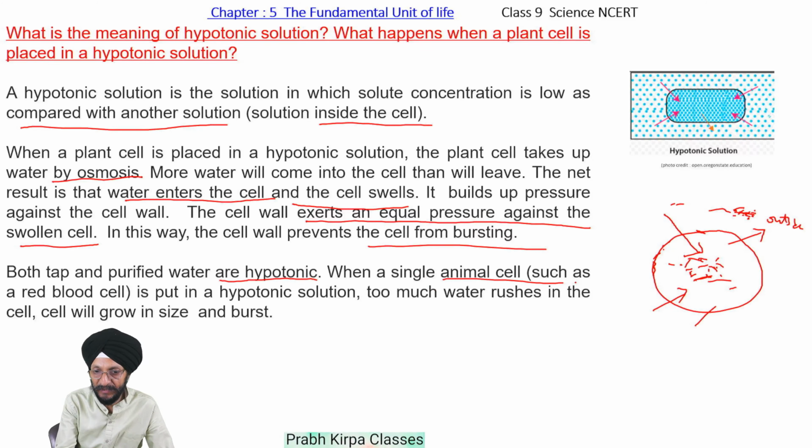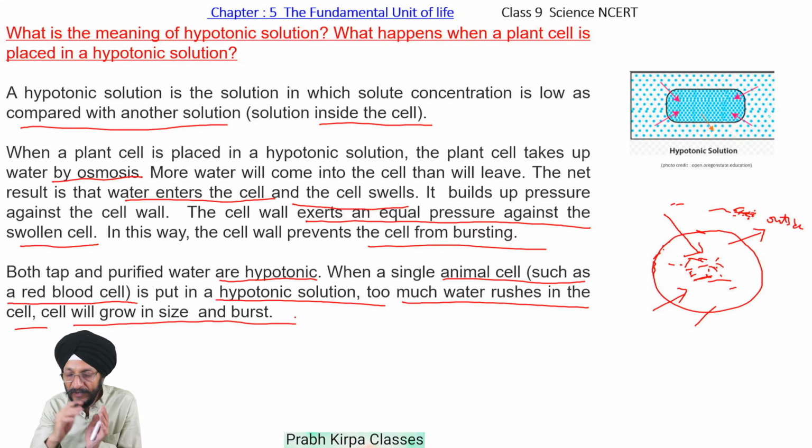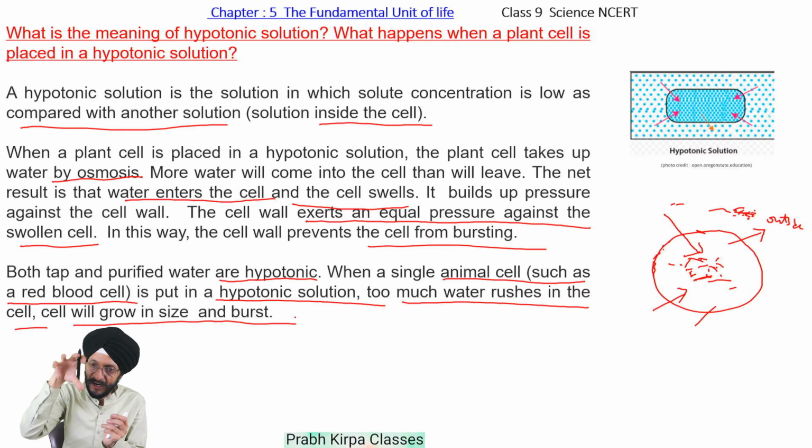When a single animal cell, such as a red blood cell, is put in a hypotonic solution, too much water rushes inside the cell. Cell will grow in size and burst. If we place the plant cell in the hypotonic solution, the plant cell will not burst, as there is a cell wall and the cell wall will also exert its pressure on the swollen cell.